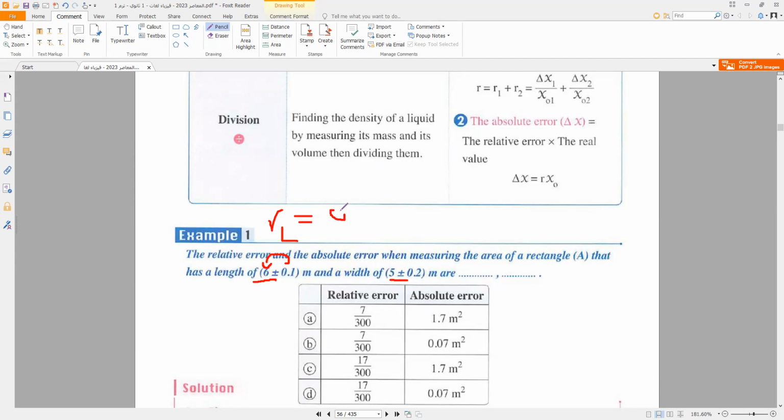And the relative error of width equals 0.2 divided by 5, the absolute error over the real value. Okay?